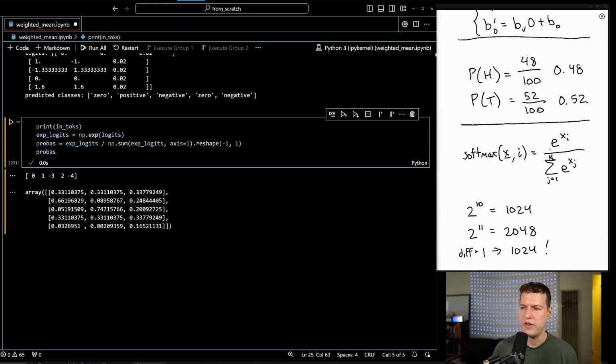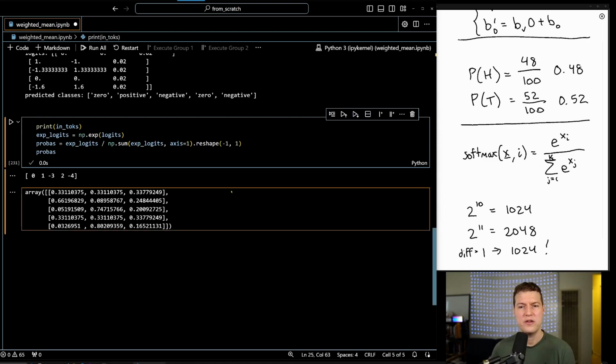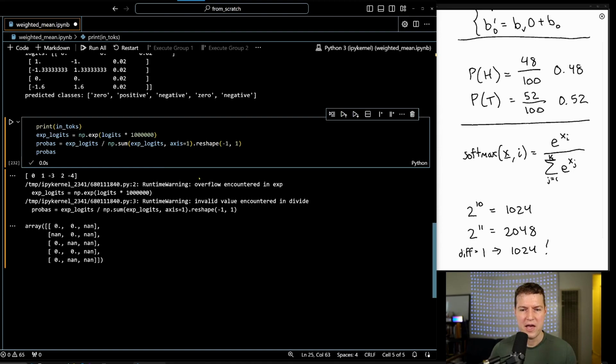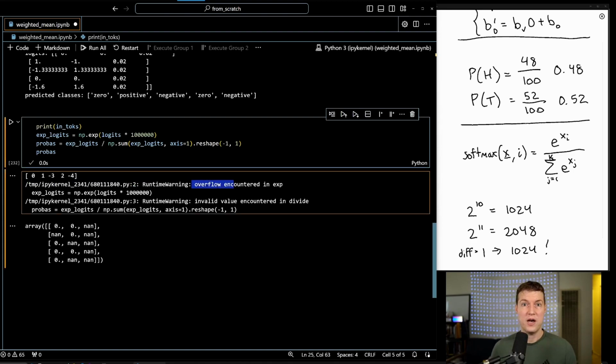Another problem with softmax is numerical instability. So what happens if I multiply this by a large number? Well, I get overflows. Other than overflows, though, I also have problems that are a little bit hidden. If I do e to the power of something, then I get a large number. But the way we store those numbers using floating point results in lower precision.